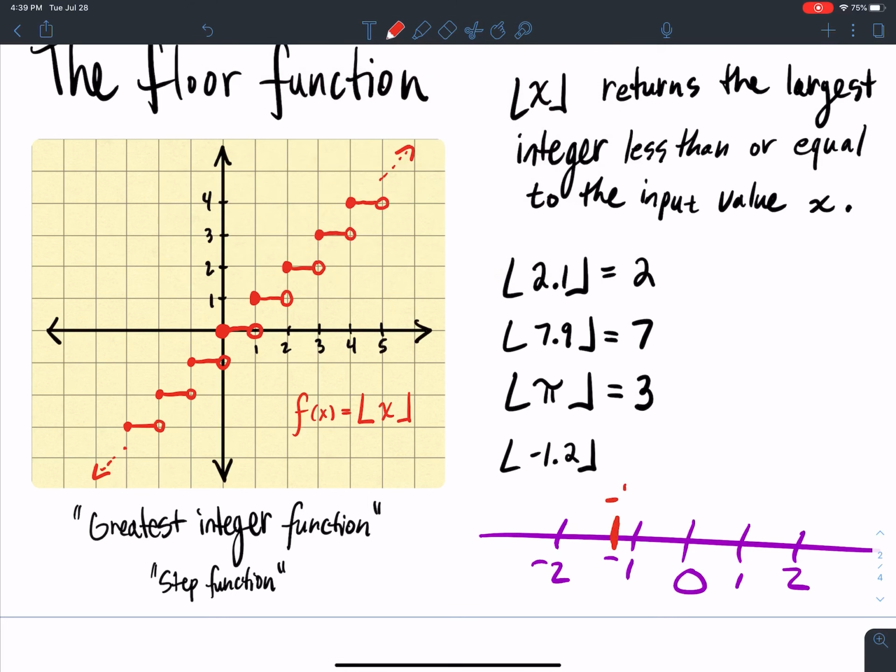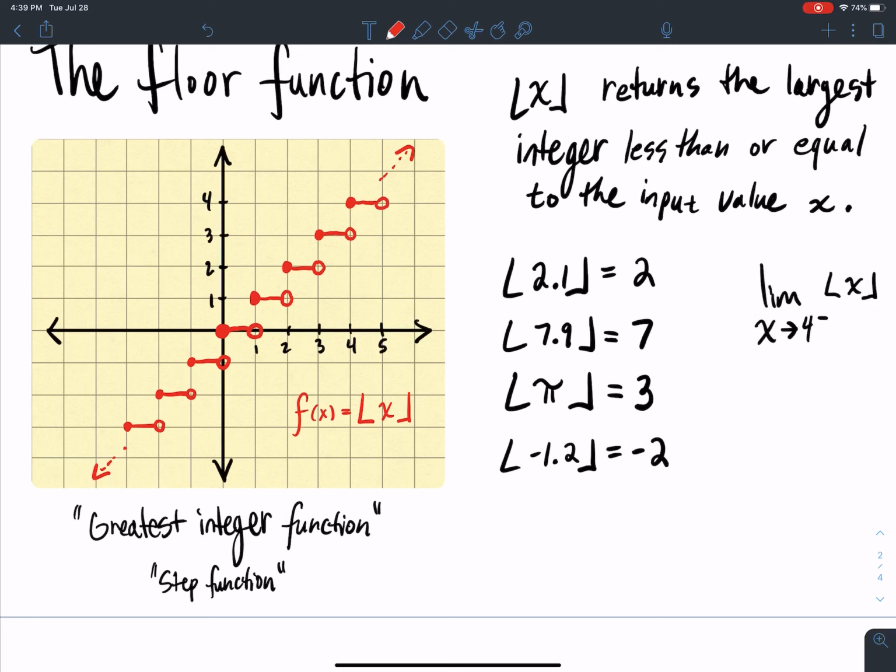So -1.2, what's the integer less than or equal to that value? That's -2, the next integer. If it comes down, you'll be down at -2. It's the integer less than or equal to that value.